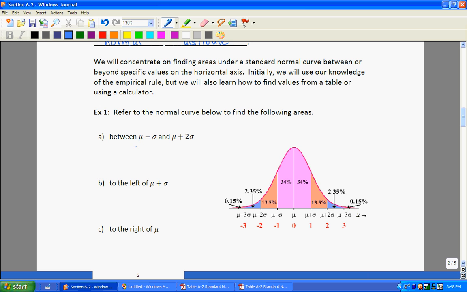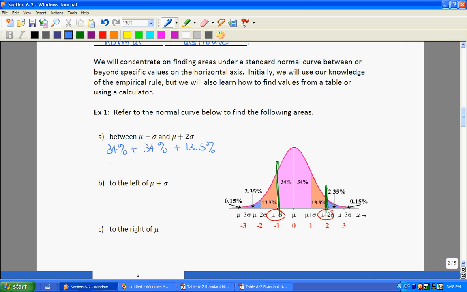So for part A, we have mu minus sigma, which is here, and mu plus 2 sigma, which is here, and we want the area between those two values. So that means I'm looking at between here and here. Well, all I have to do is add up the chunks. So I have 34% twice, and then 13.5%.